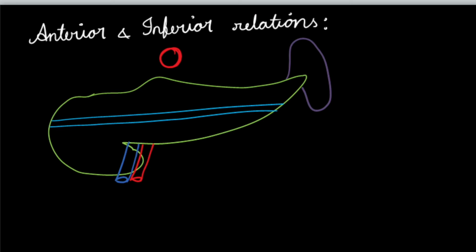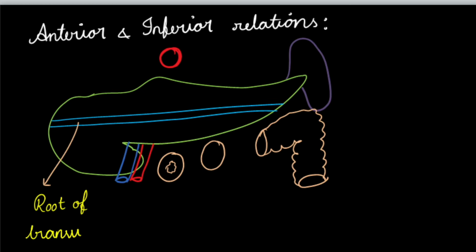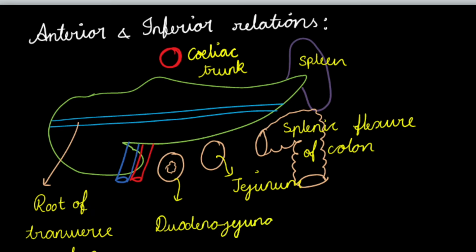In the inferior aspect, we can see the duodenojejunal flexure here, and next to it comes the jejunum and also the splenic flexure of colon. So these are all the inferior relations. So these form the anterior and inferior relations.